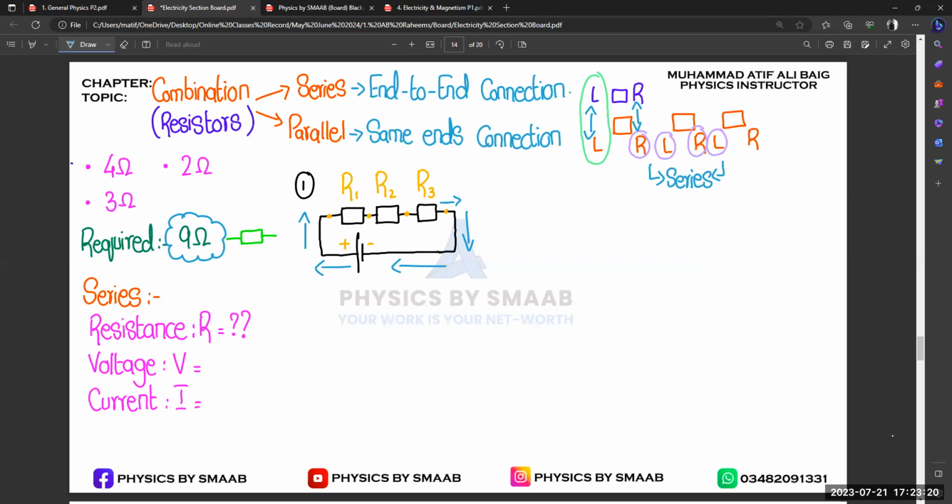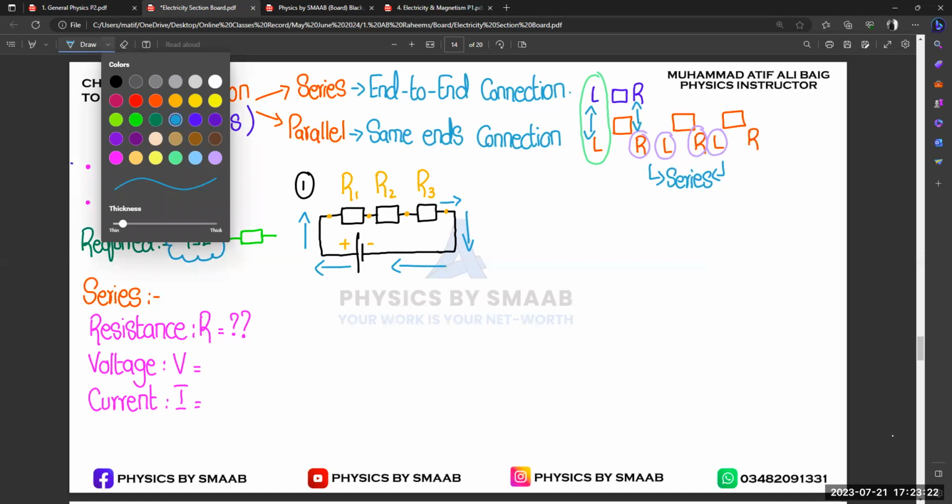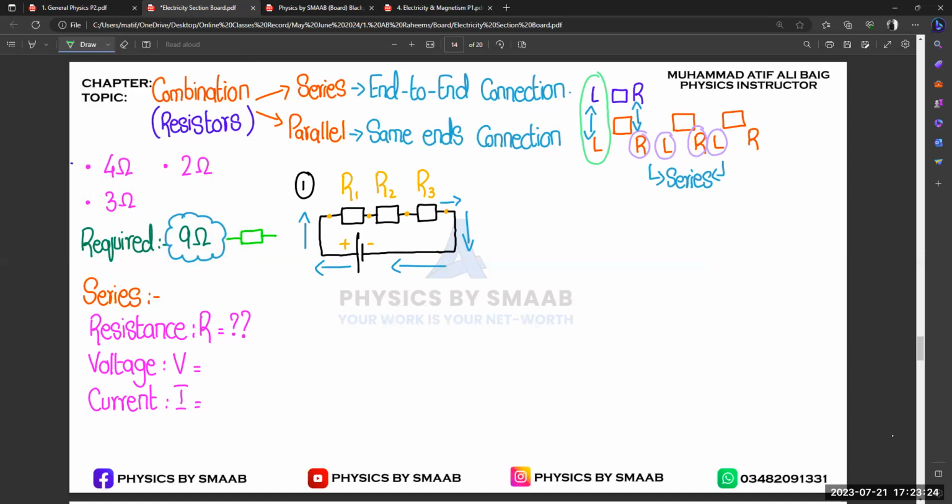Electric current, because all charges are going to flow through all resistors. Voltage divides according to each resistor, because we need to find the voltage at two potentials, high and low potential. So that's why voltage will be variable in series combination, and electric current will be constant throughout the circuit, right?